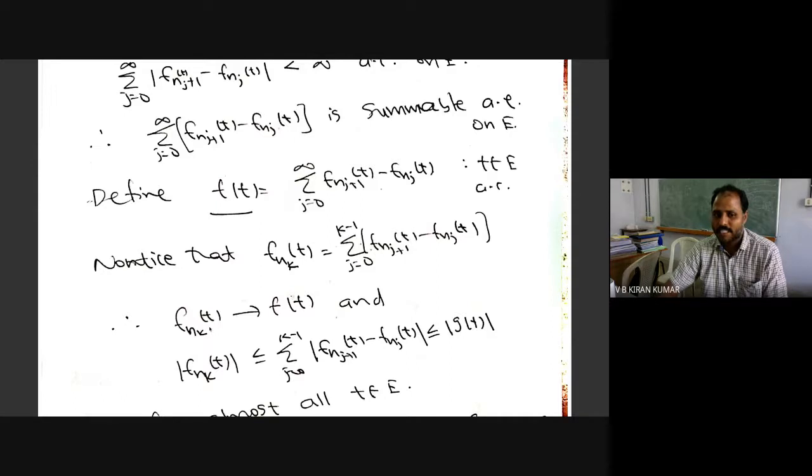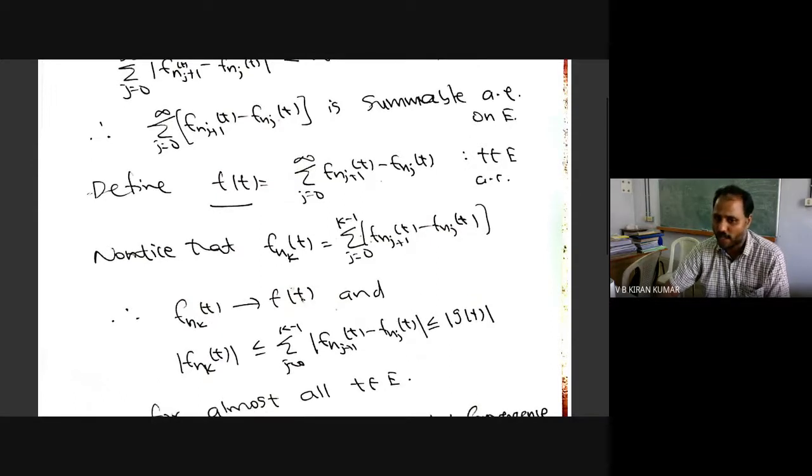So what we obtained is that f_{n_k}(t) converges to f(t) for almost all t. Also, you take the absolute value of f_{n_k}(t) and apply the triangle inequality. You will obtain this, and this is actually g_k(t).